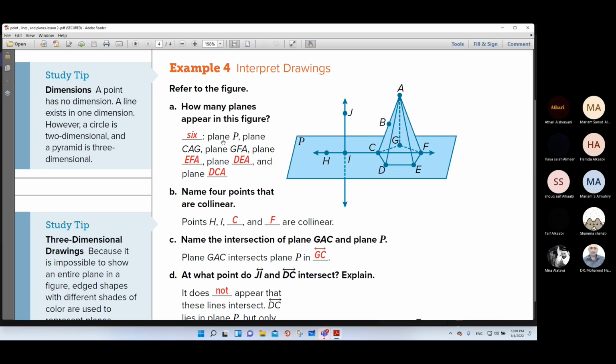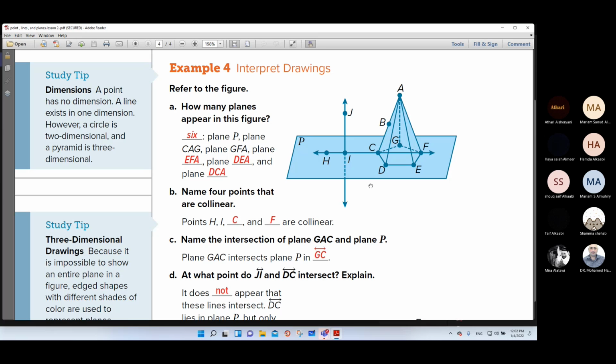We have plane B, the big one here, and we have plane CAG, this plane, and GFA, this plane, and EFA, and DEA, and the last one DCA.